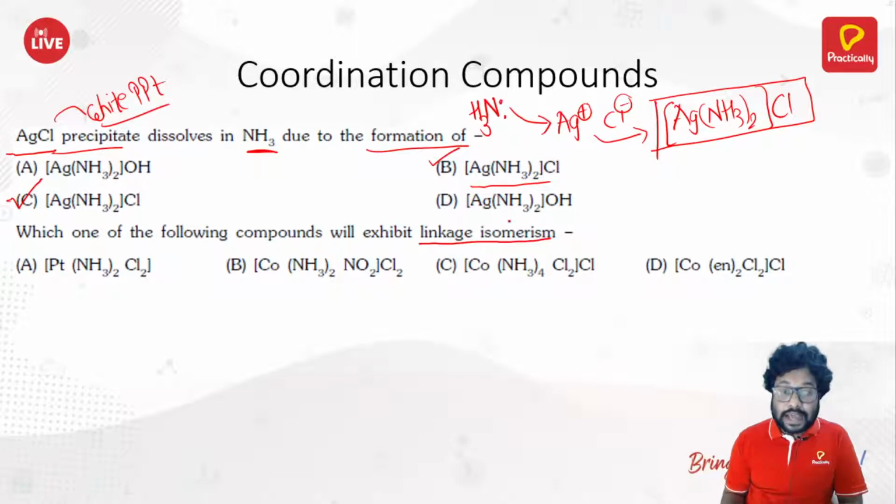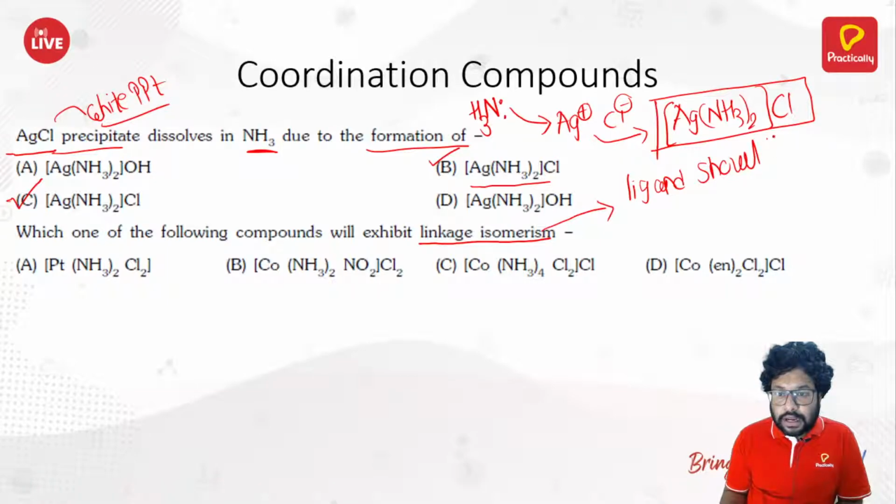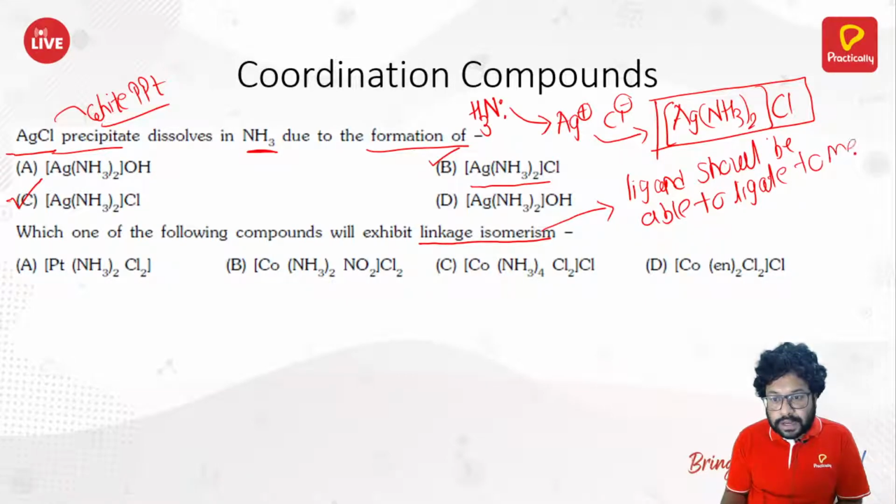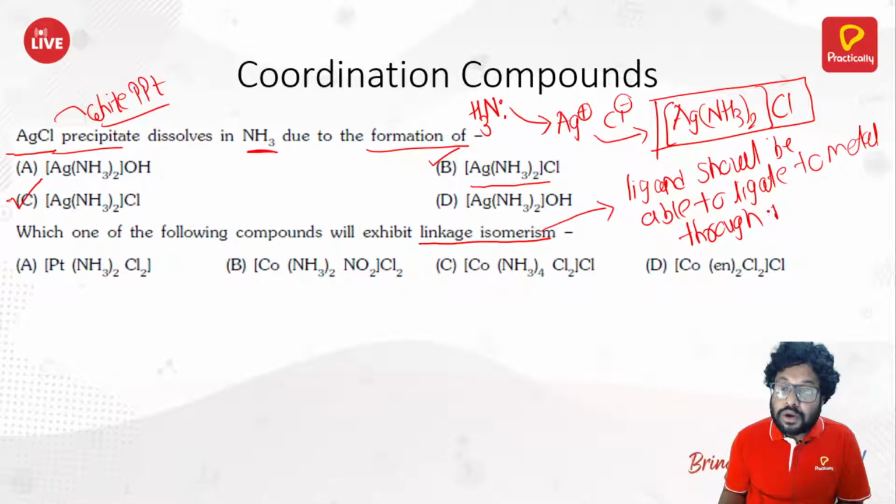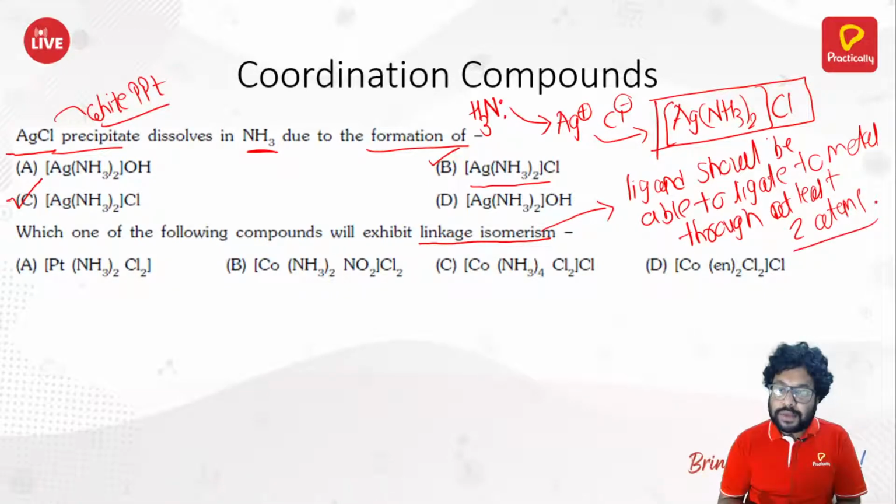See, for linkage isomerism, your ligand should be able to ligate to a metal through at least 2 atoms or 2 positions.